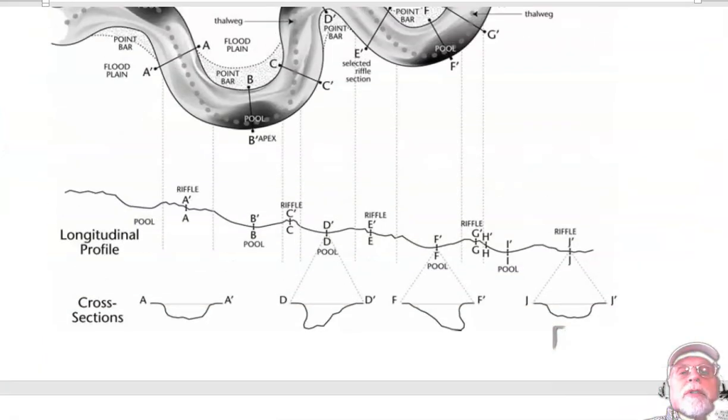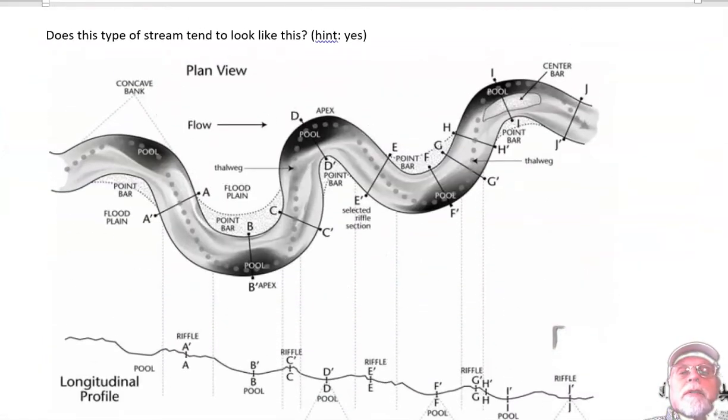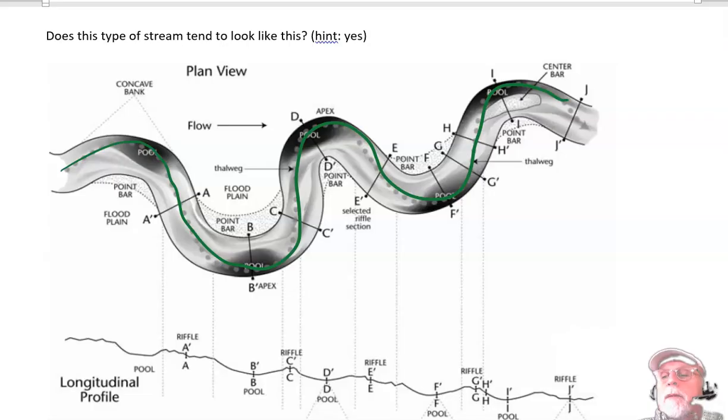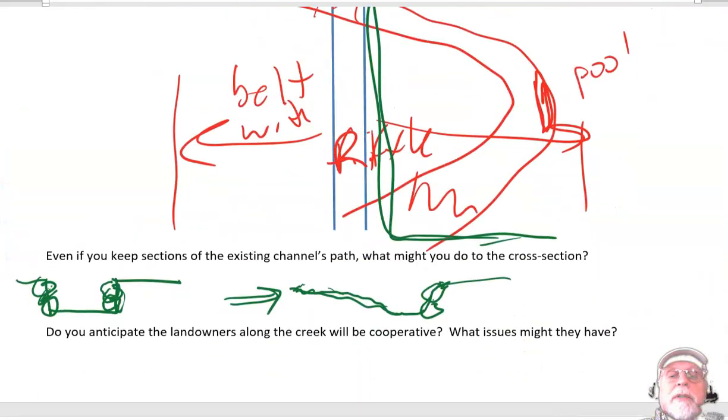This one shows it pretty good, I think. See this dotted line here? So the main flow path of a stream is the thalweg, the main stream. Not always quite the center of the stream, but the main flow path of the stream.